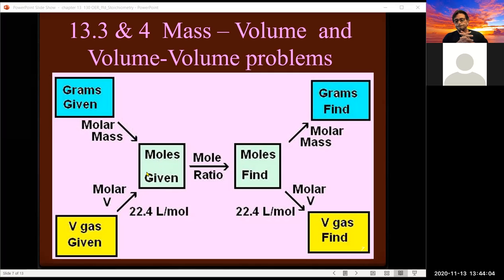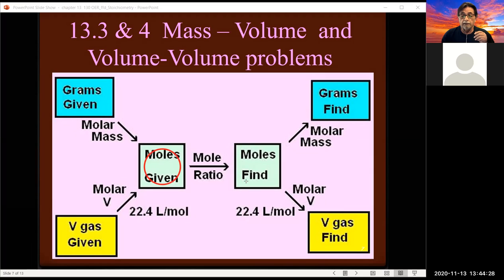In the previous examples that we were doing, we were given moles, okay?